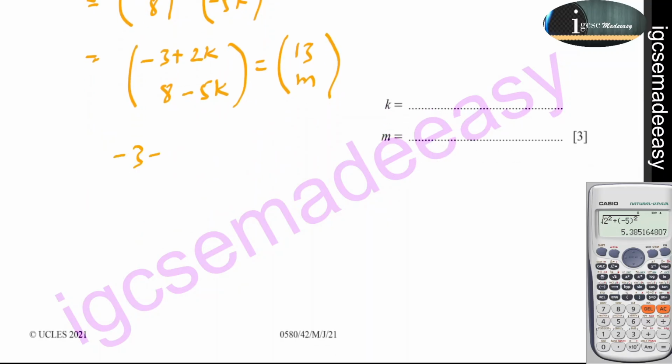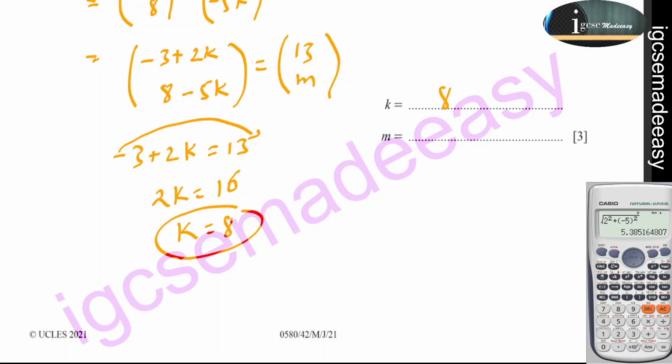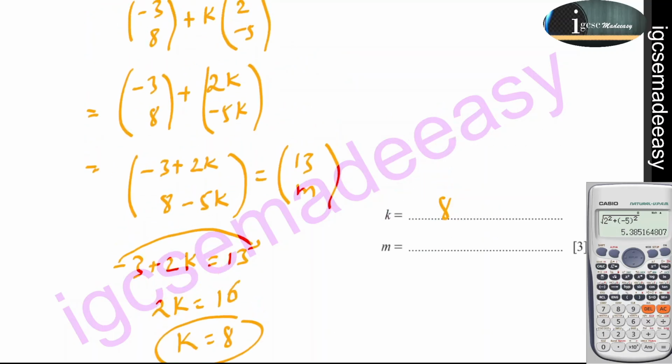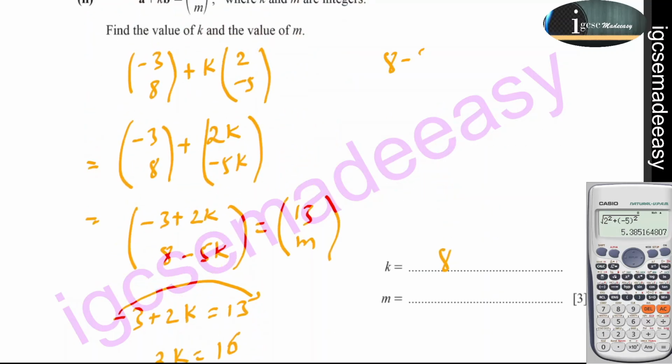So -3 plus 2k equals 13. So 2k equals 13 plus 3, the 3 will go there with a positive sign. So 13 plus 3 is 16. So k will be 16 by 2, which is 8. So the value of k is 8. And to find the value of m, we can write 8 minus 5k equals m.